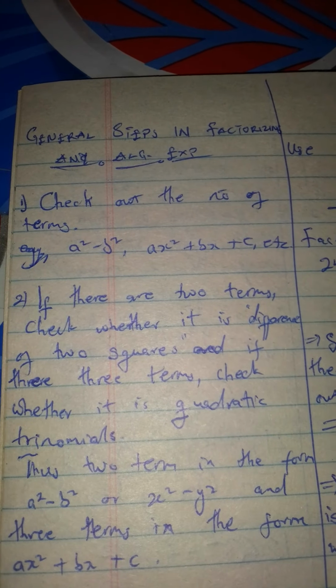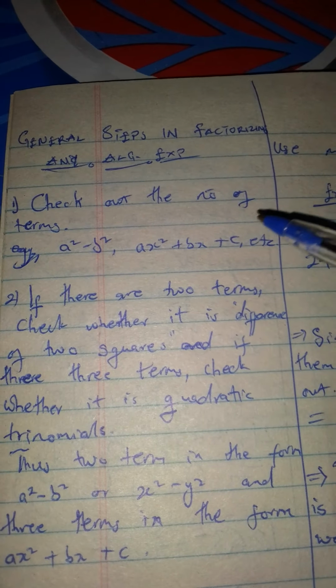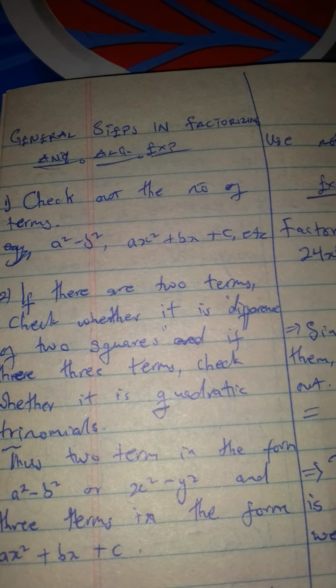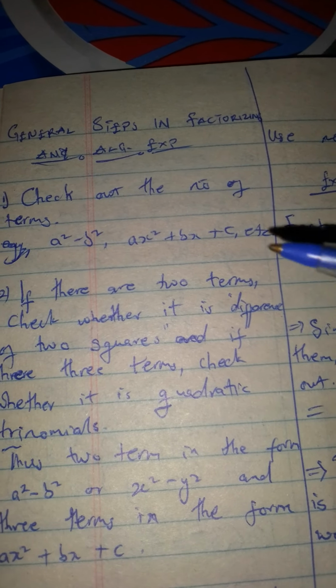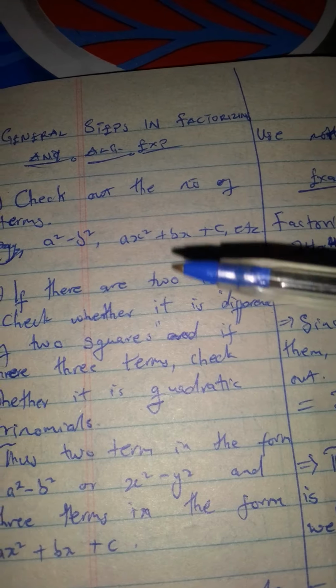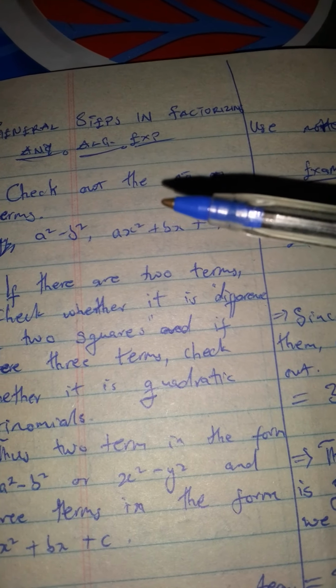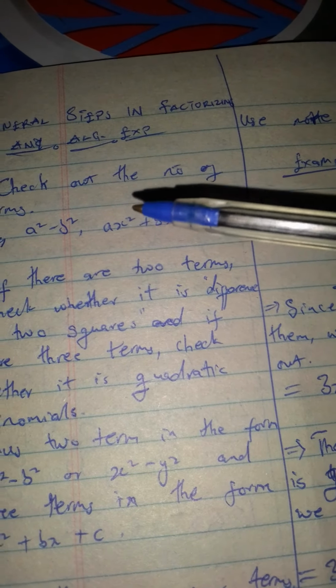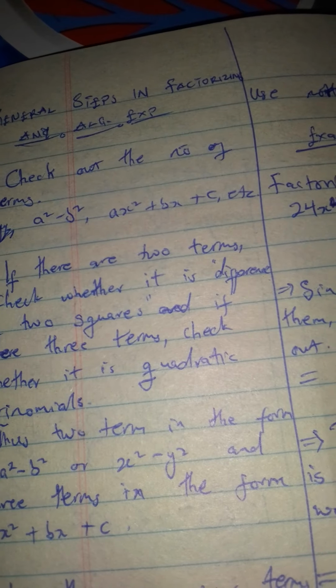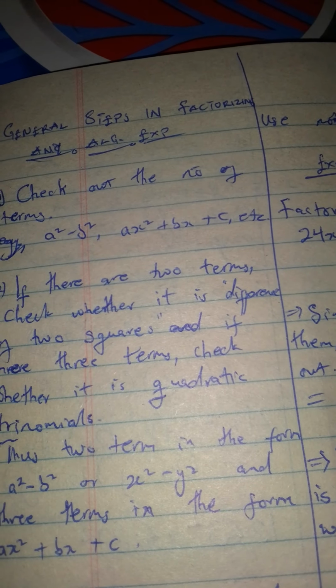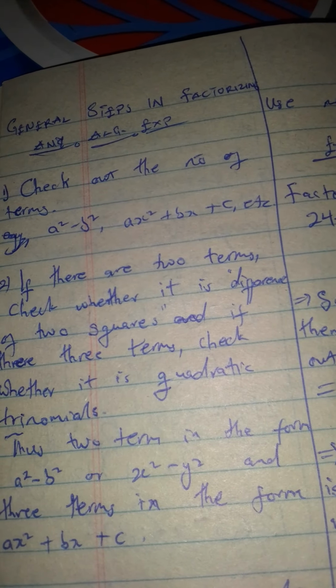So you first have to check the number of terms. By the number of terms, we are referring to, let's say, 4x plus 2y, something like that. We can say it is two terms.